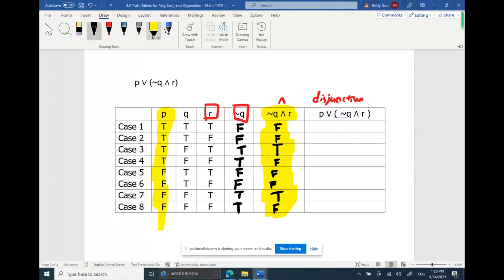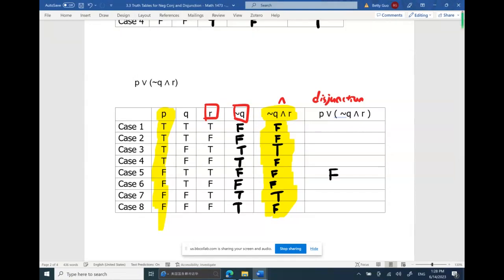Remember the sentence for disjunction: for a disjunction to be false, both of them have to be false. All right, let's look at the two yellow columns. In which cases are both of them false? This one, and this one, and this one. Let me double check.